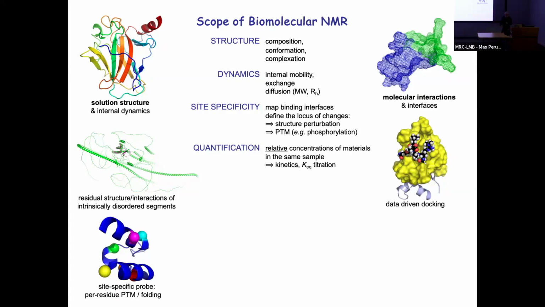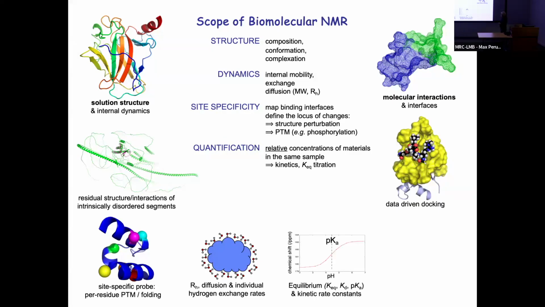But this idea that we have site-specific resolution throughout the molecule is extremely useful. It provides information that no other form of spectroscopy can get a handle on. We can look at radius of hydration and diffusion, how compact or otherwise molecules are, how they can change their compaction. This can be done from hydrogen exchange rates and measurement of hydrodynamic radius.